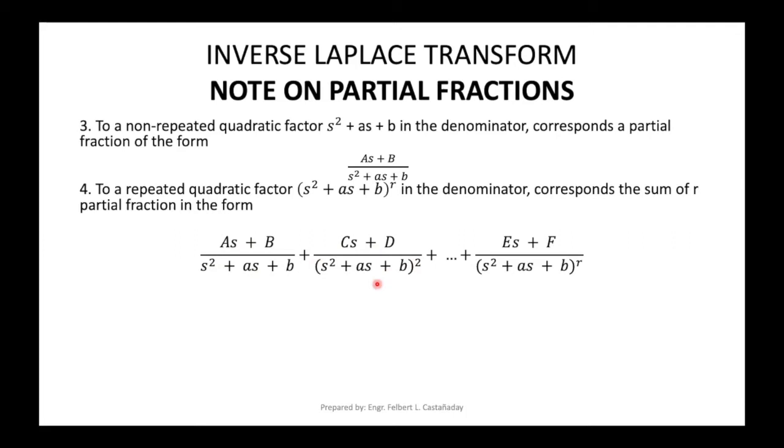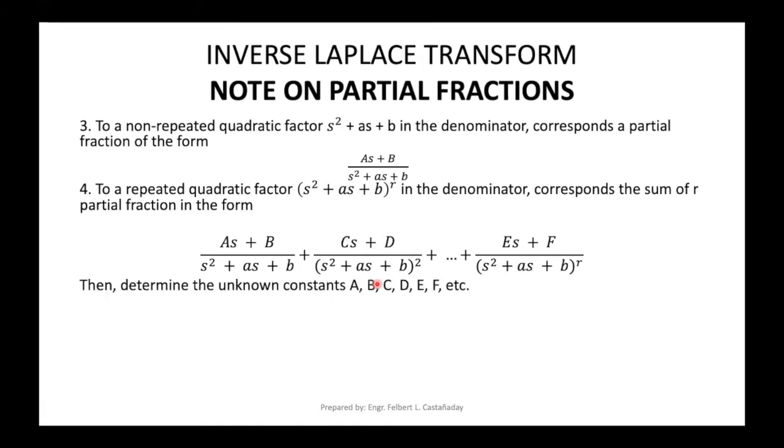Or in English, baka yung mga viewers tayo dito or may classmates kayo na foreigner. So if there are 2 factors in the denominator, so you have 2 constants or 2 partial fractions involved that are being added. If there are 3 factors in the denominator, so 3 constants, 3 partial fractions.